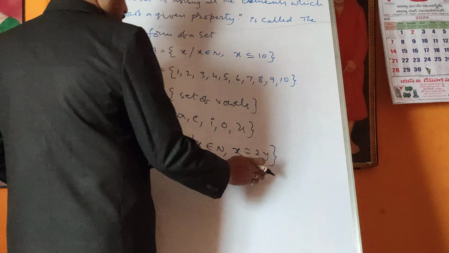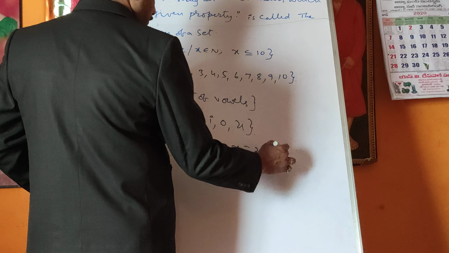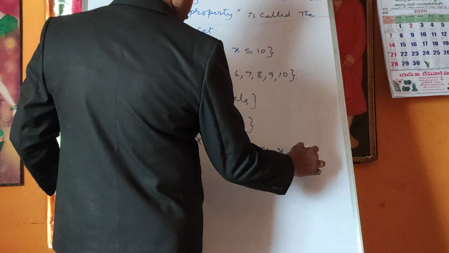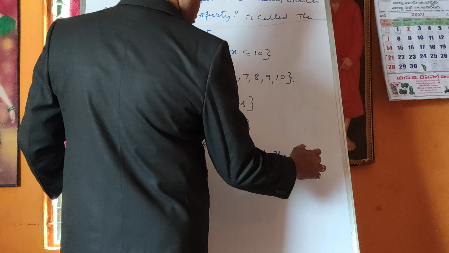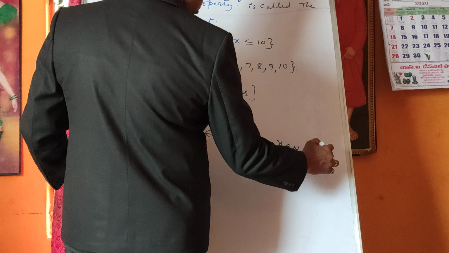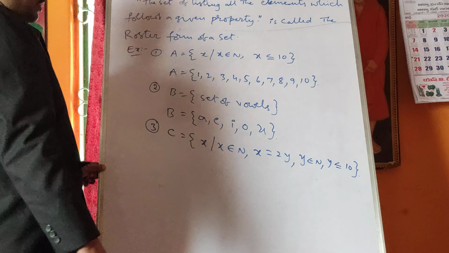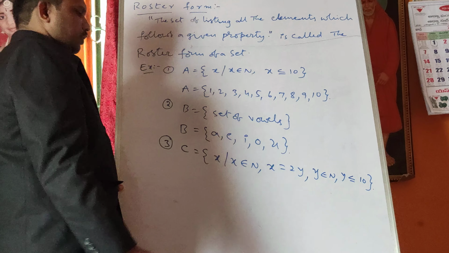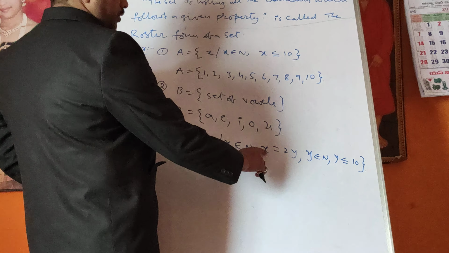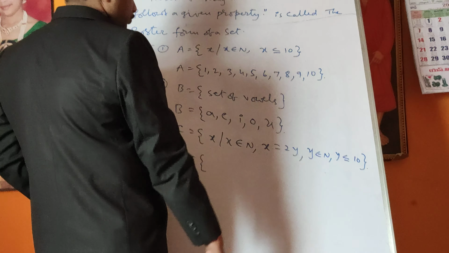Here y also belongs to N and y is less than or equal to 10. So what do we have to represent here? x is equal to 2y means we should take multiples of 2.